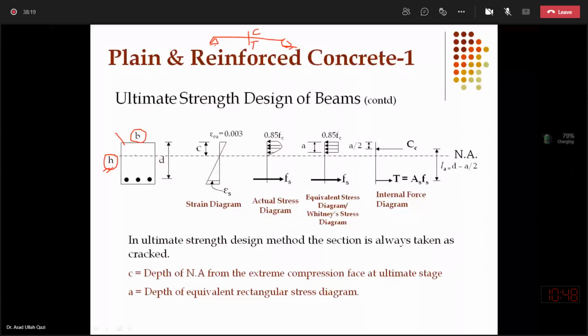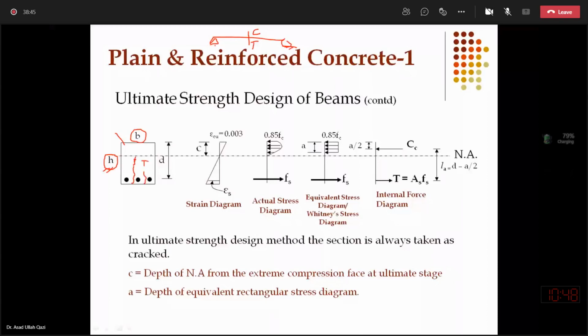Now in this case, obviously the crack has appeared and the crack has moved up. So the tip of the crack may be somewhere here. All the area below this dotted line is in tension, and above this dotted line it is in compression.